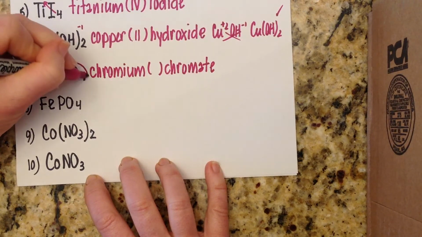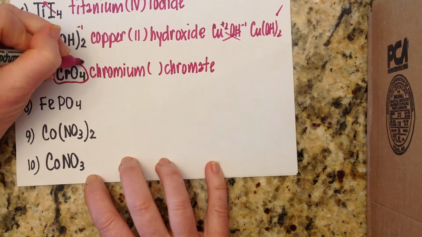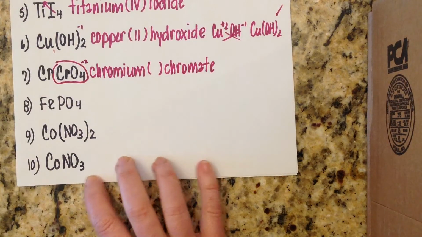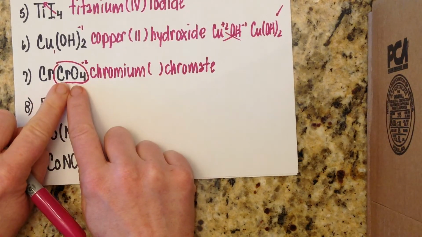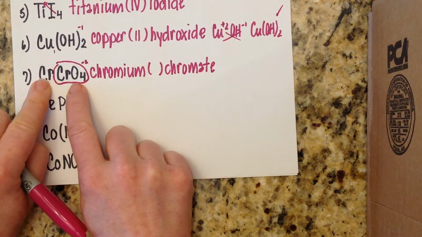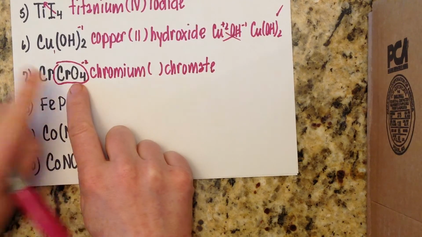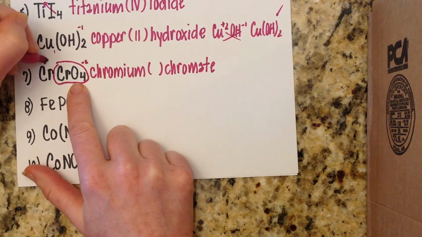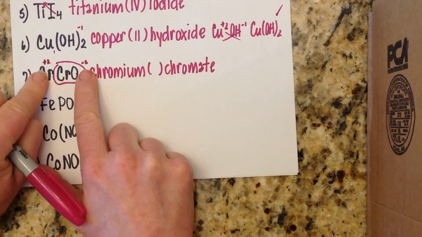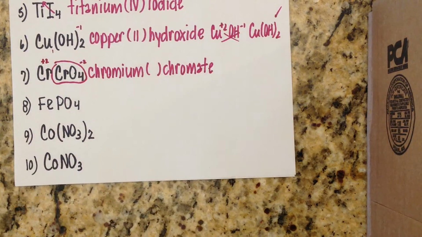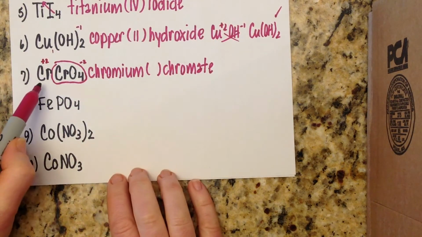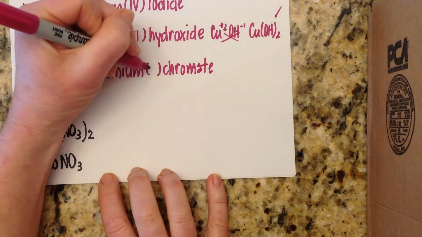And this whole polyatomic ion right here, I know it had a -2 charge. Since this is in a 1-to-1 ratio with this, there's 1 chromium and 1 chromate, that leads me to believe this must have had a +2, and they probably canceled. They canceled, and then we just smacked them together. So my guess is this was chromium 2.